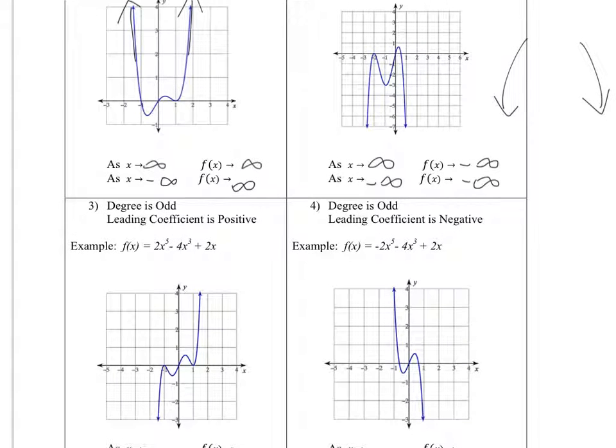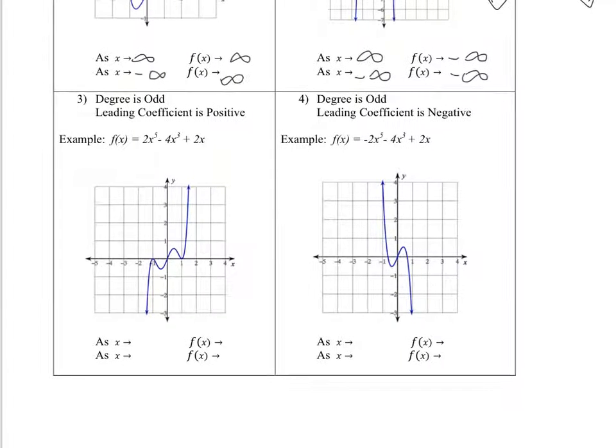Okay? So this one here, then we have odd. Okay, this is different than even or odd functions, which we'll learn about in a day or so. But what matters is the leading term is odd. It's 5. Okay, so that's odd. And looking here, it's positive. So when that happens, the graph kind of just always goes up.